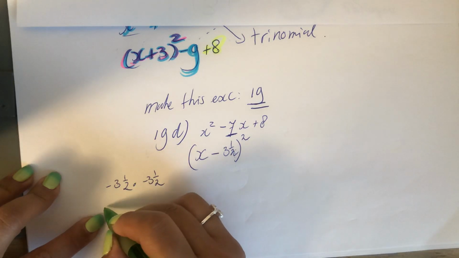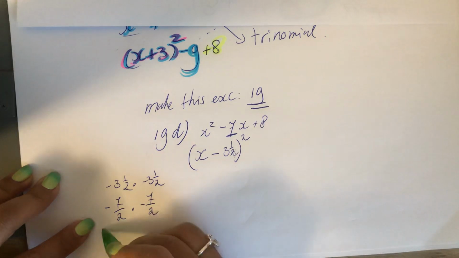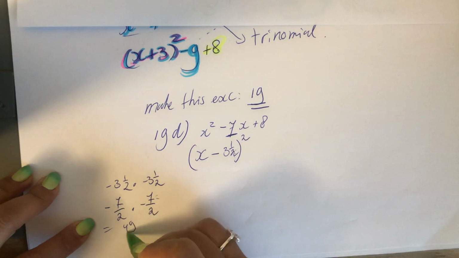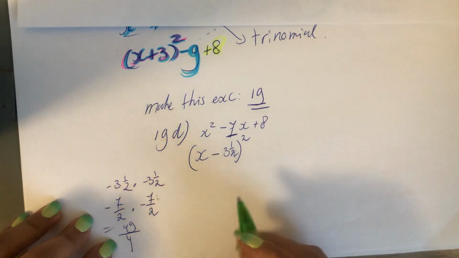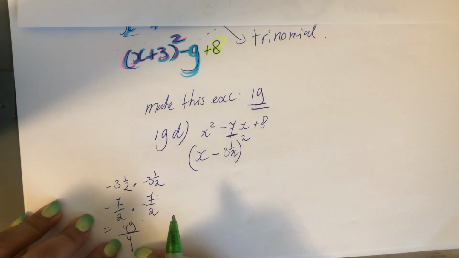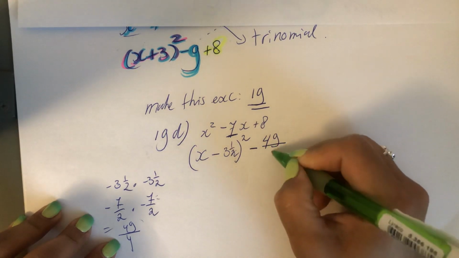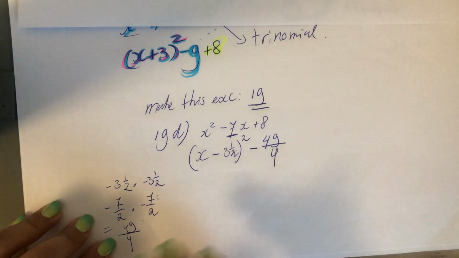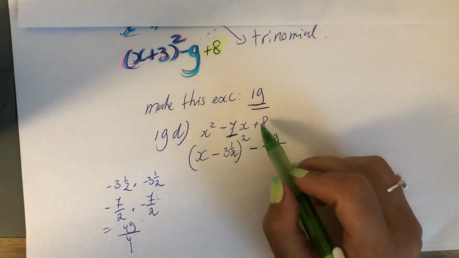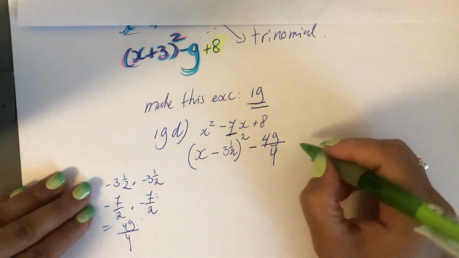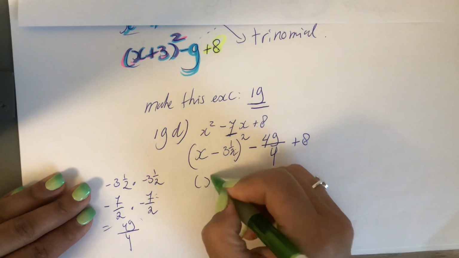So I do minus 7 out of 2 times minus 7 out of 2. This will become 49, 2 times 2 is 4. So I need to make sure that I get rid of the 49 out of 4. So I subtract 49 out of 4, because then I know I get this part only. I still need my plus 8, so I just add plus 8. Now we need to simplify, of course.